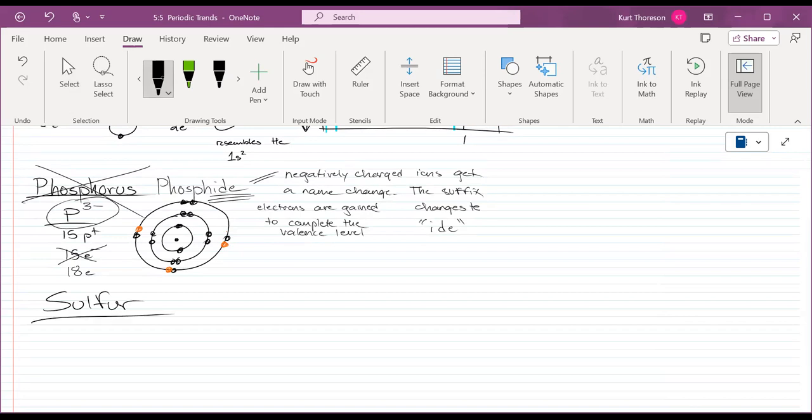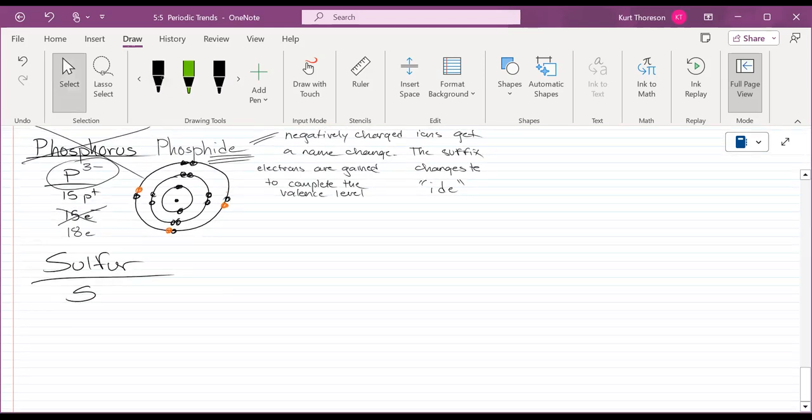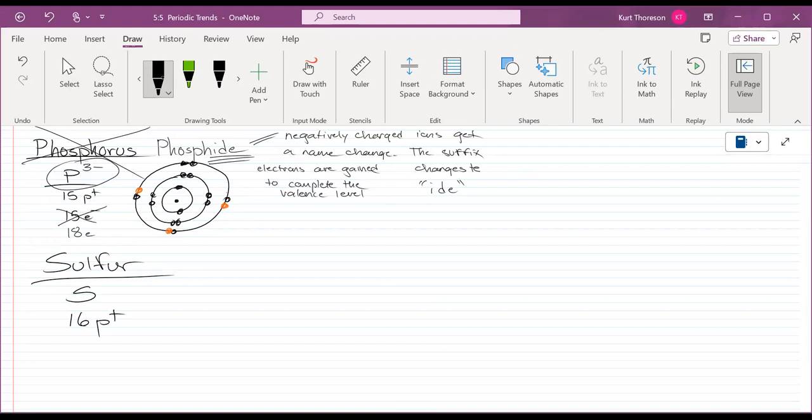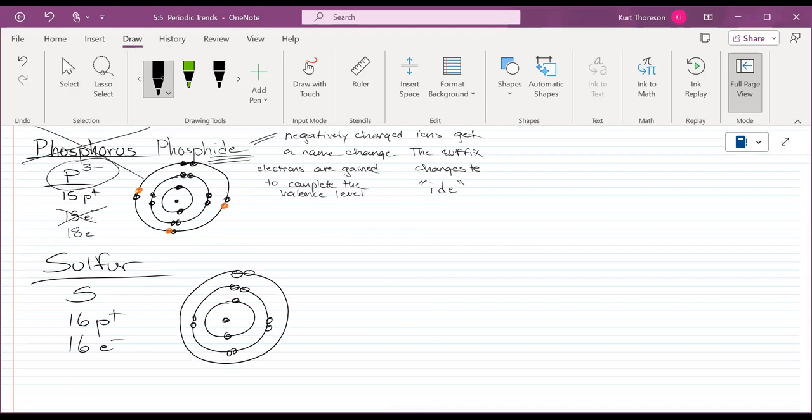Okay. Sulfur symbol is S. How many protons does it have, class? 16 protons. How many electrons does it have? 16 electrons. I'm going to draw it. 2 electrons on the first level, 8 on the second level. How many are on the third level? 6 are.